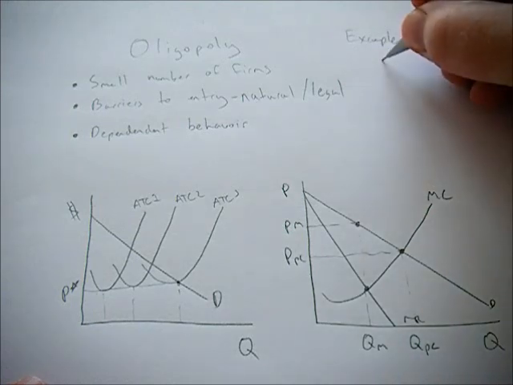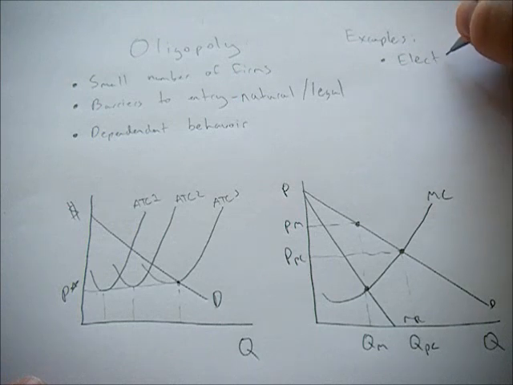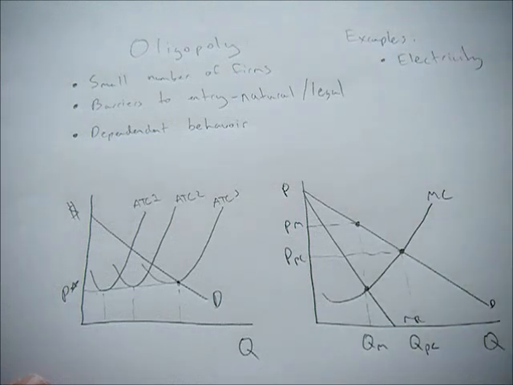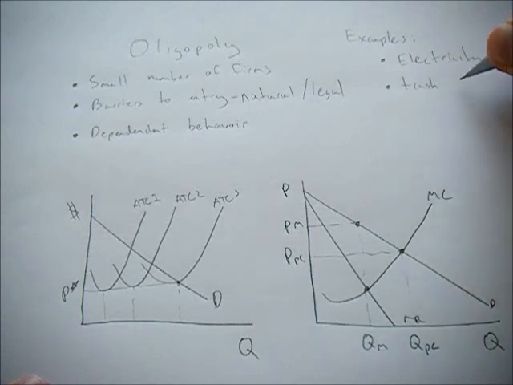An example of a legal monopoly might be an electricity company, where the government will only allow one power plant or one power company in an area. Also, trash collection is another example of a legal oligopolistic market, because the cities don't want to have 20,000 different trash collection companies. That just wouldn't make sense.